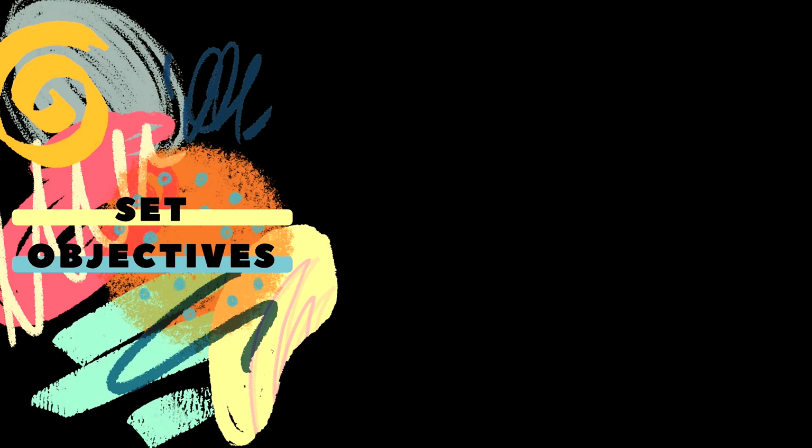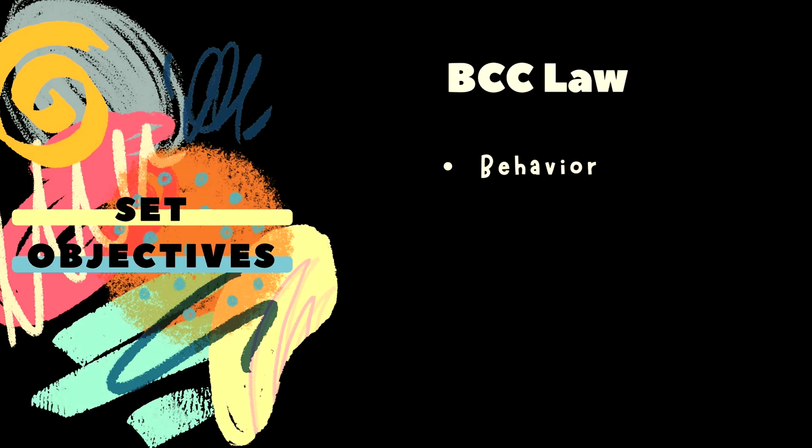Sometimes we have objectives already set up in our syllabus, but for our specific presentation or content that we are going to give in that moment, we have to have the following structure. The objectives usually are created by the ABCD law, which states that we have to have a behavior, a condition, and a criteria in each one of our objectives.